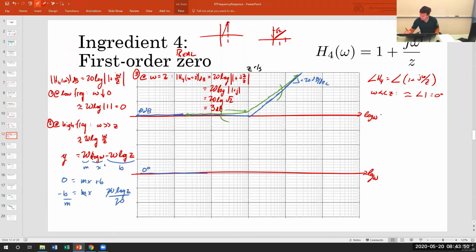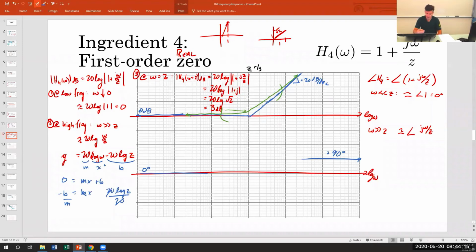For frequencies up here, omega much, much bigger than z, then we're looking at the phase of j omega over z, which is again a phasor that points due north. So this looks like asymptotically 90 degrees, positive.